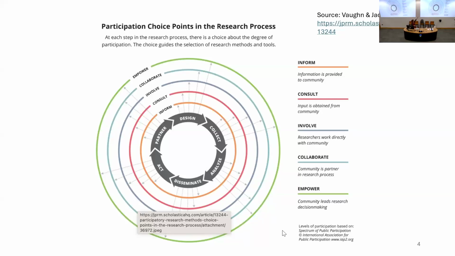And they use the IAP2 framework for participation, which has these levels from inform to consult to involve to collaborate to empower. So a really deep participatory research process, you may be aiming to collaborate and empower throughout, or you may realistically be wanting to do that more in certain phases.